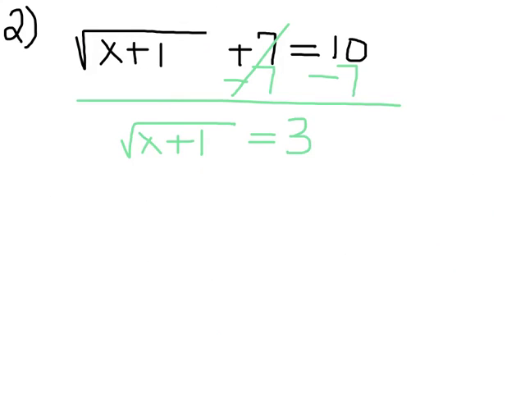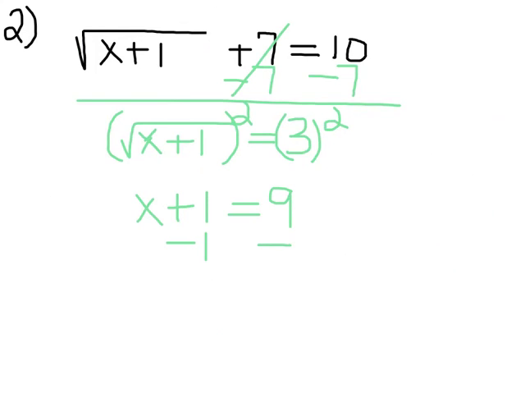Now that we have the radical isolated, we'll be able to square both sides. Radical x plus 1 squared will give us x plus 1, and 3 squared will give us 9. Now we can solve our equation by subtracting 1 on each side, so that x equals 8.